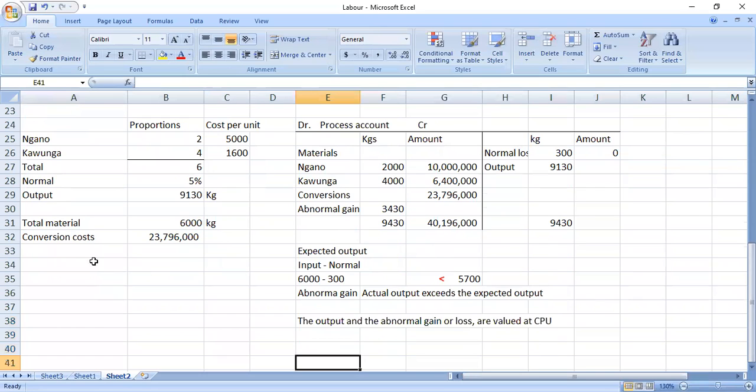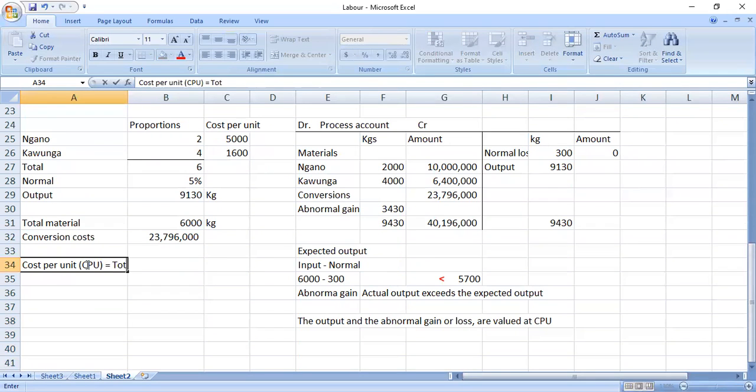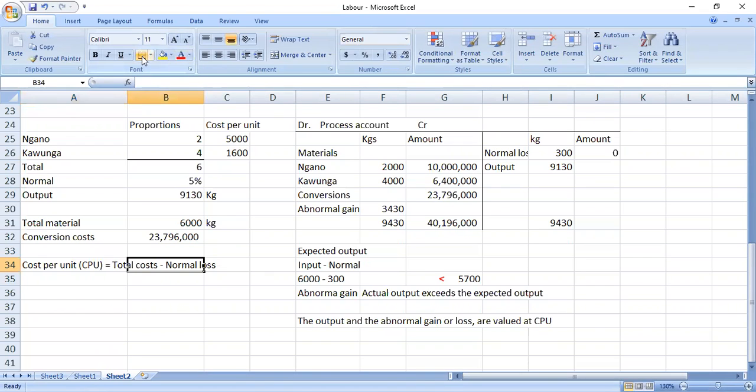The cost per unit is given by the formula. Allow me to write it here. Cost per unit, the CPU, is given by the formula which says total cost minus normal loss, that is if it's valued as scrap value or you have any amount, and then you divide this by the expected output.